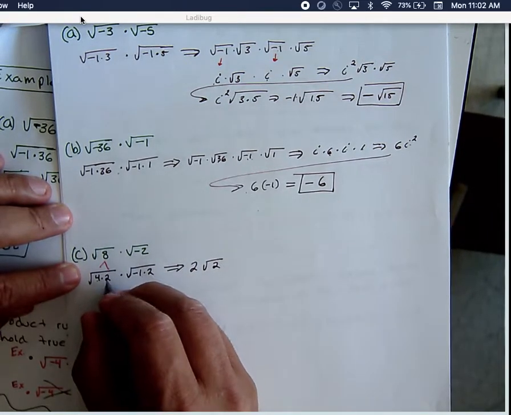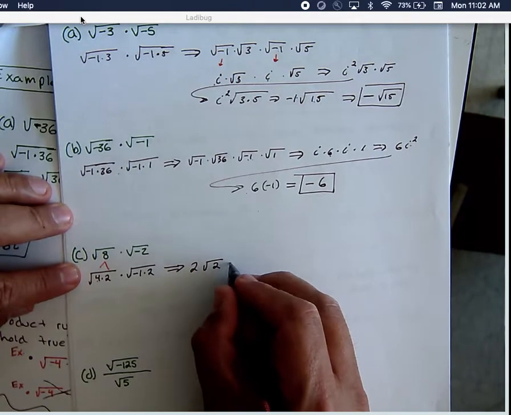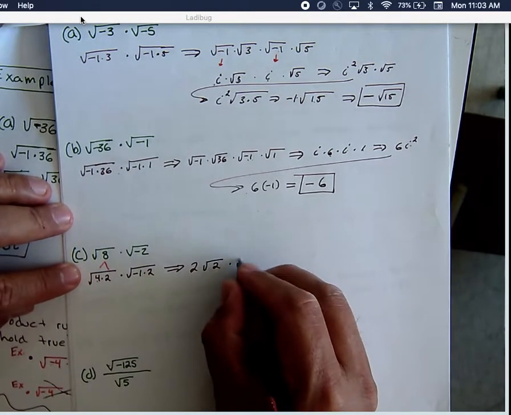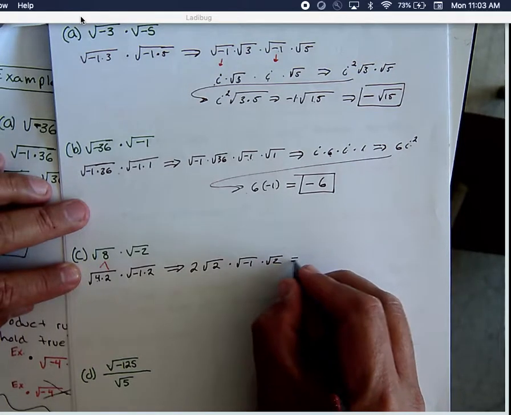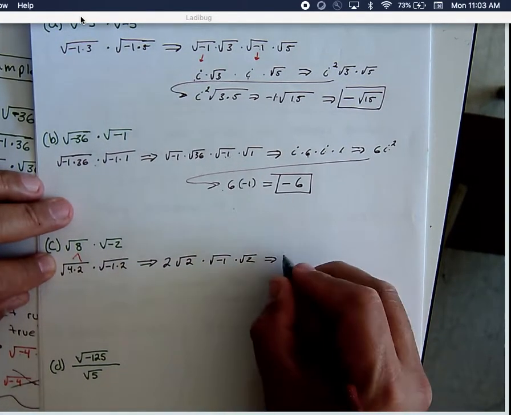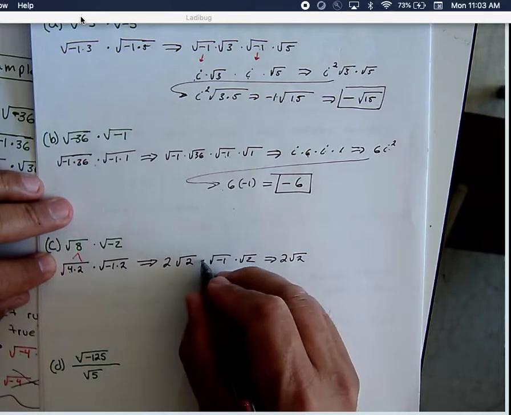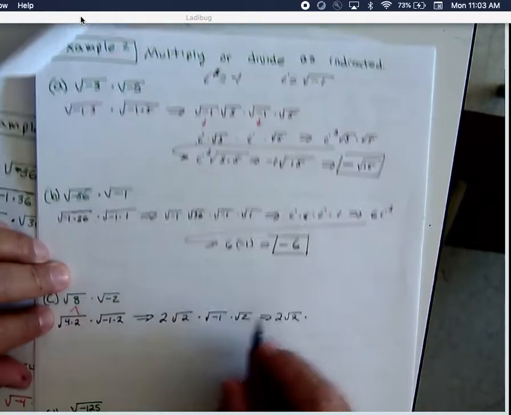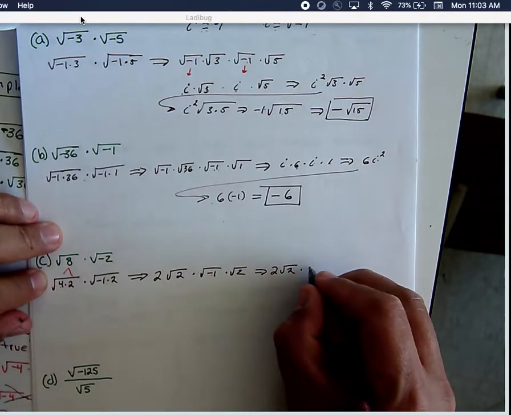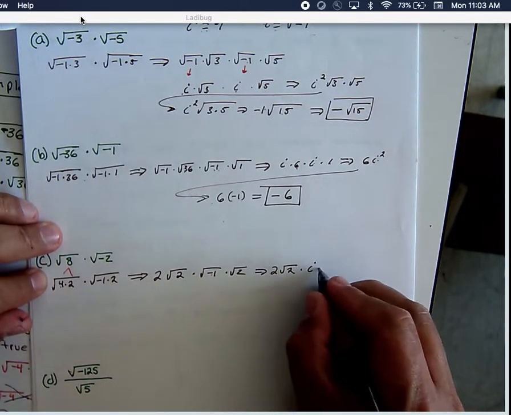You can find the square root of 4, and then I'm going to separate this one. Negative 1 times square root of 2. So 2 square root of 2 times, what's that? The I, right? Don't forget I equals square root of negative 1. And that one stays the same.